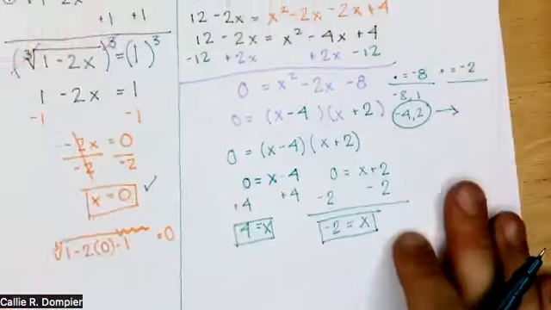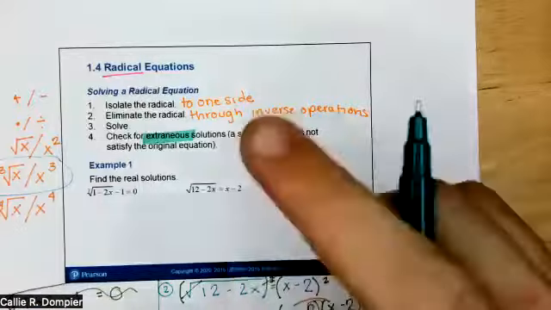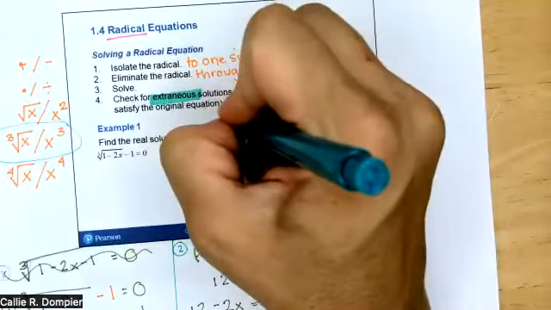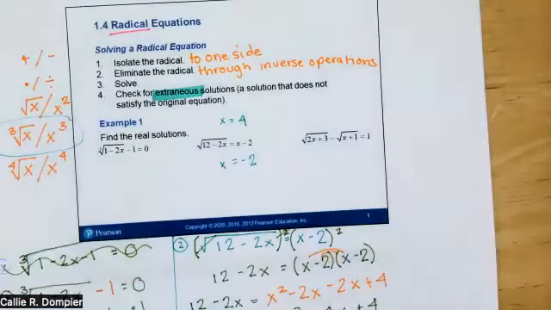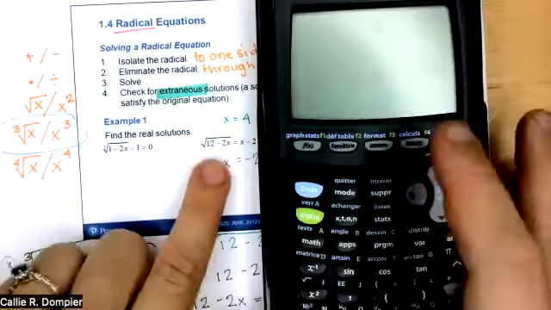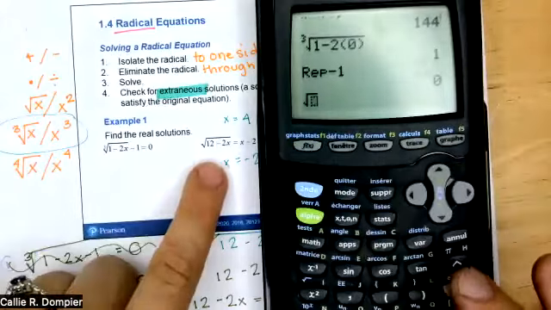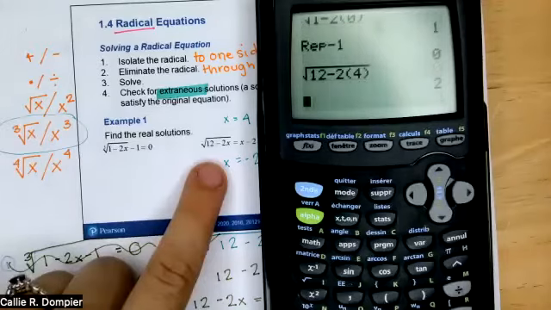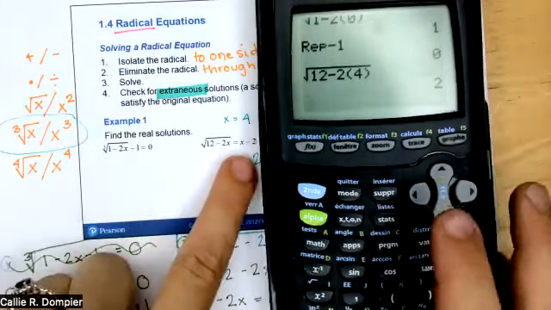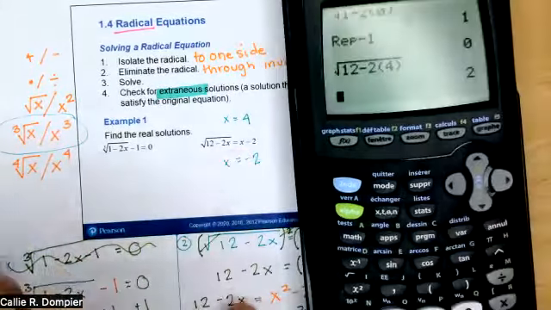Let's make sure both of those work. So we got x is 4, and we got x is negative 2. The square root of 12 minus 2 times 4 is 2. 4 minus 2 is 2, so that one's okay.